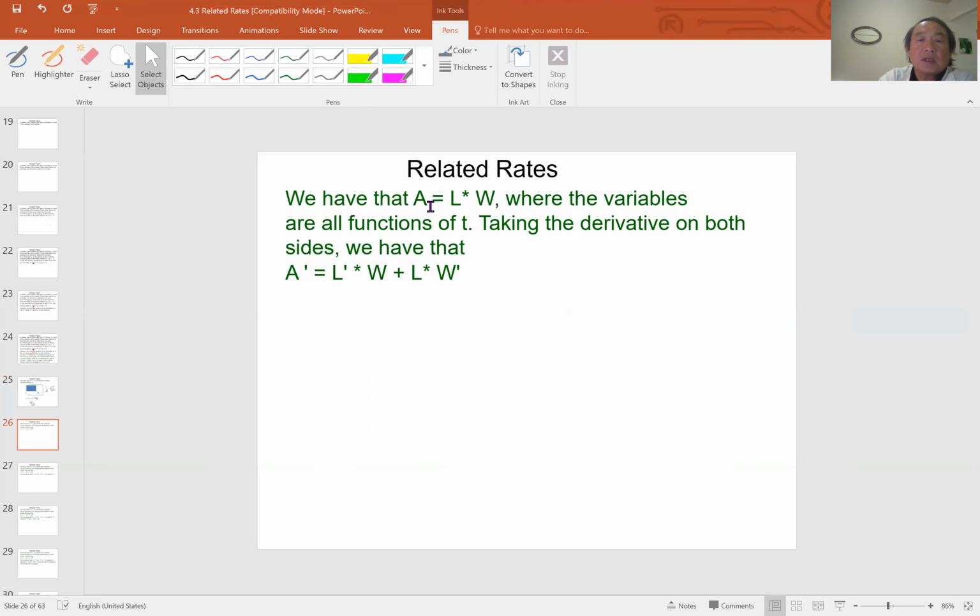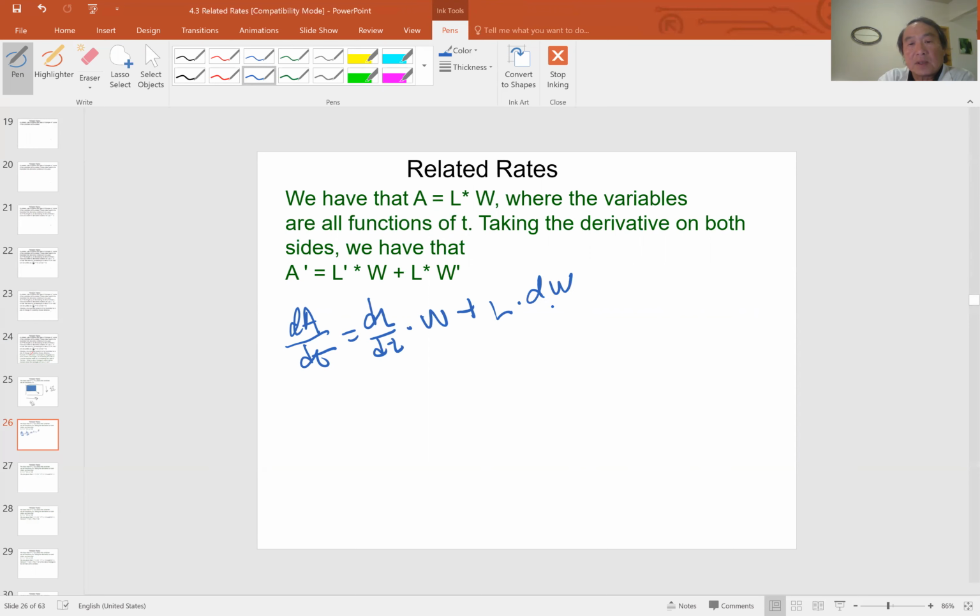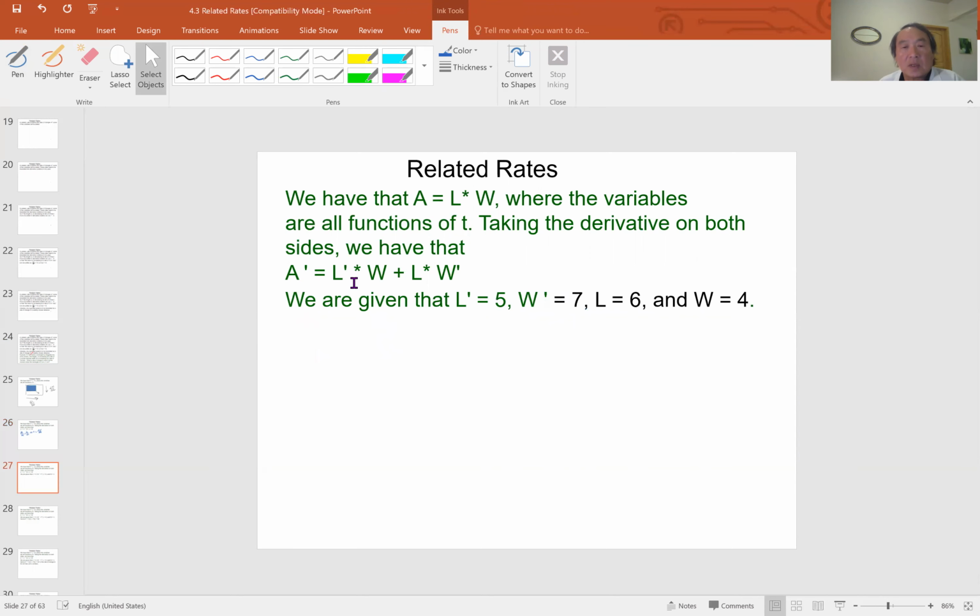So from the original measurements, which is always true, I can take the derivative with respect to t on both sides, and that gives me dA/dt equals dl/dt times w plus l times dw/dt. This is in the dt notation, but I'm using prime notation in these examples.